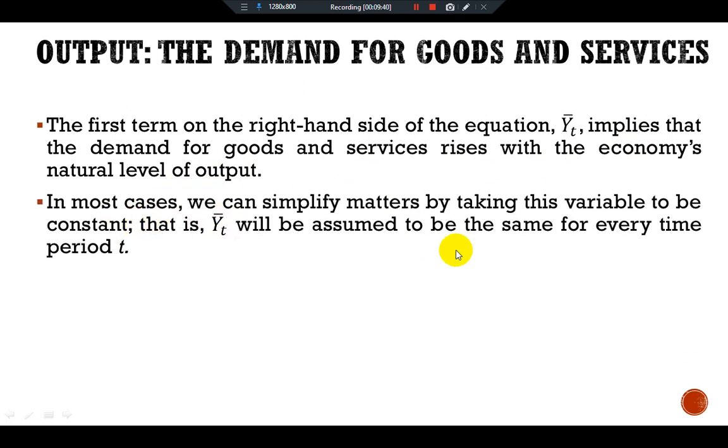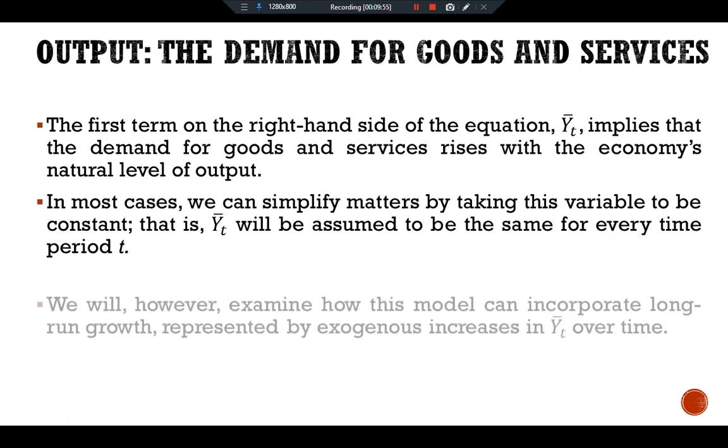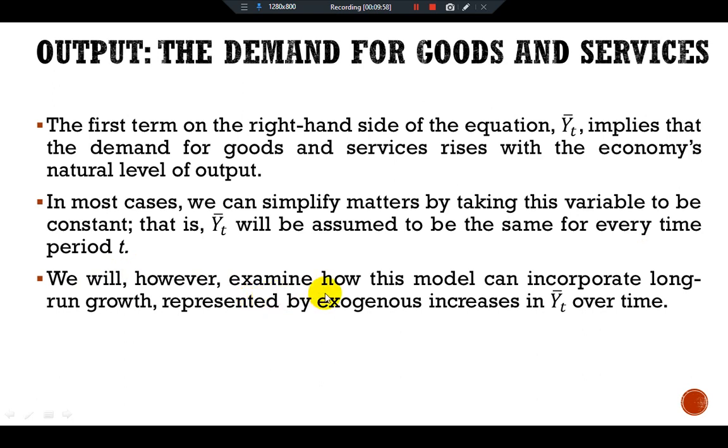In most cases, we can simplify matters by taking this variable to be constant, that is, Y bar T will be assumed to be the same for every time period T. We will, however, examine how this model can incorporate long-run growth represented by exogenous increases in Y bar T, or the natural level of output over time.